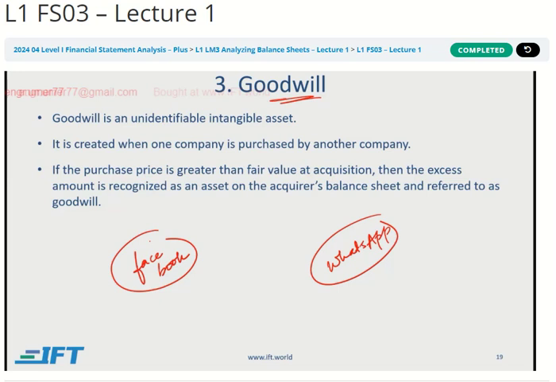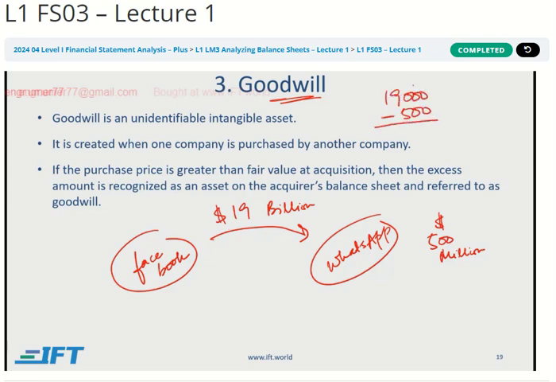So now naturally, WhatsApp's balance sheet was showing like $500 million in assets when it was acquired, and Facebook paid like $19 billion, right? Which is 19,000 million. So how much did they pay extra? Approximately $18,500 million.